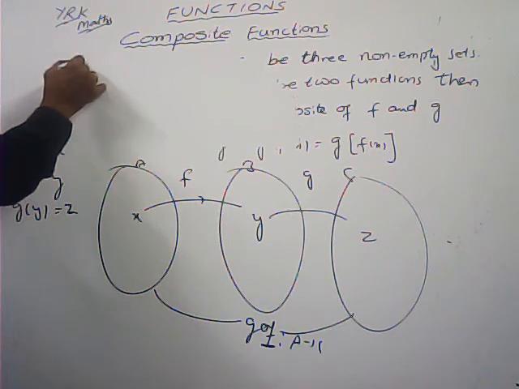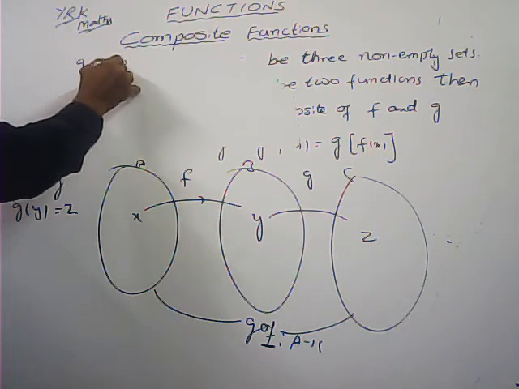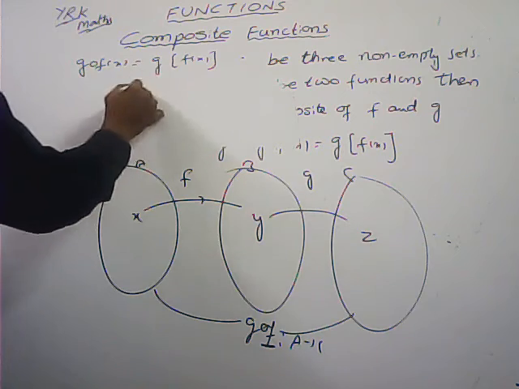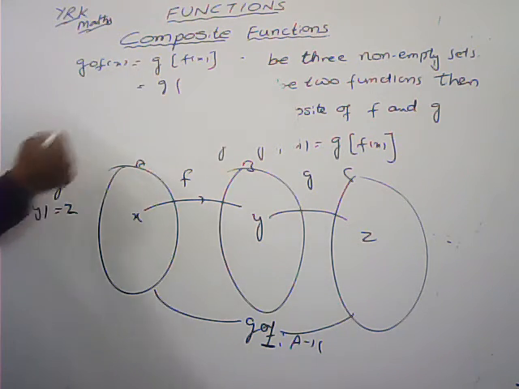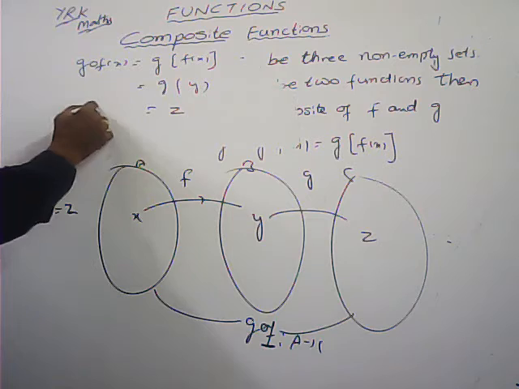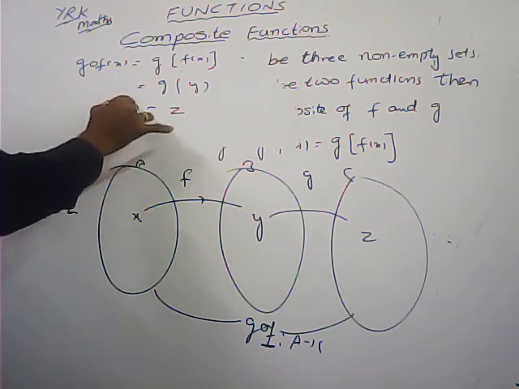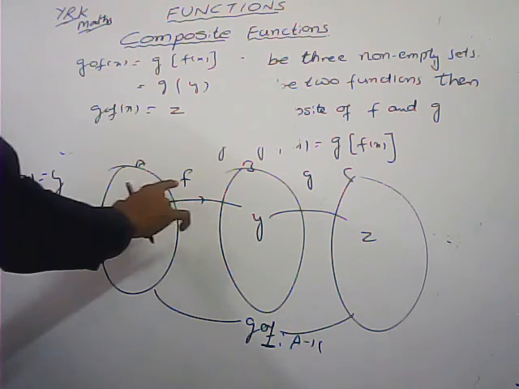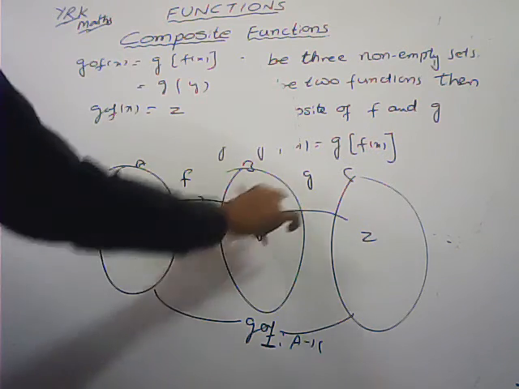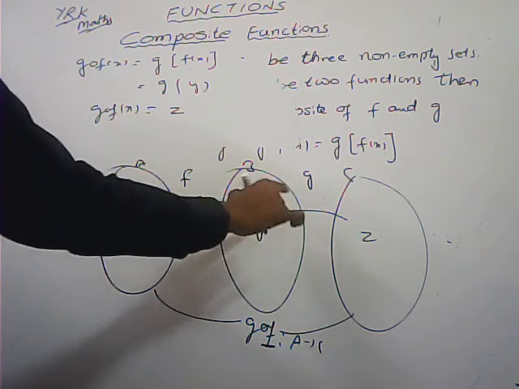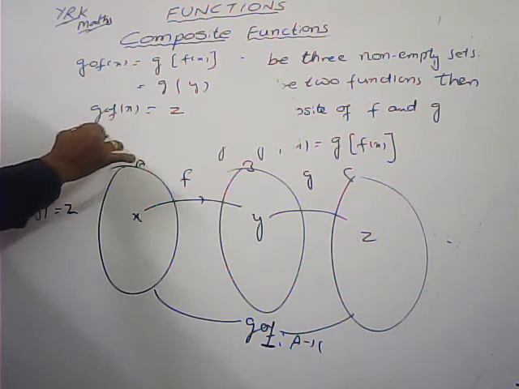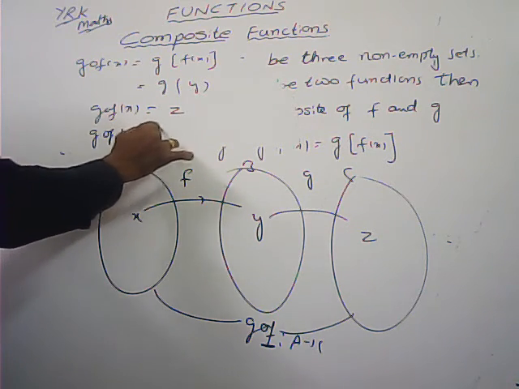Now if I take g circle f of x, that is equal to g of f of x, that is equal to g of y, that is equal to z. So here we got g circle f of x equals z. Here f of x equals y means f is mapping from A to B. g of y is equal to z means g is mapping from B to C. g circle f of x equals z means g circle f is mapping from A to C.